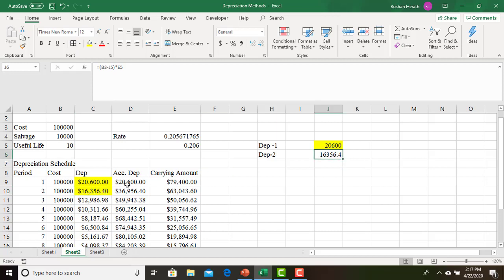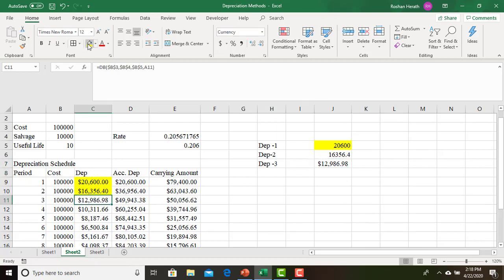Likewise this is how it would have continued. For the third year, similarly, you take the cost, 100,000, minus the accumulated depreciation in the prior period, 36,956.4, multiplied by this percentage, and that is this amount. So you can see that that is equal to this amount.